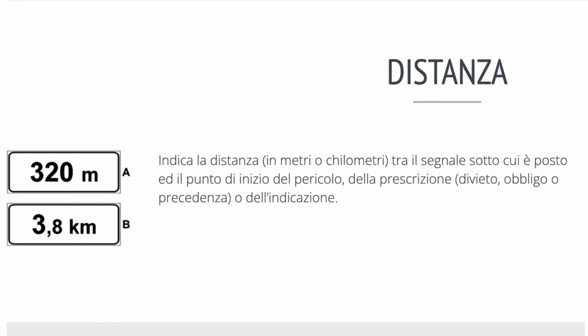So the first one we have here is distanza. Indica la distanza in metri o chilometri tra il segnale sotto cui è posto ed il punto di inizio del pericolo. So they are letting you know if you are driving and you come across this sign indicates the distance between when you see the sign and when you will see the danger.